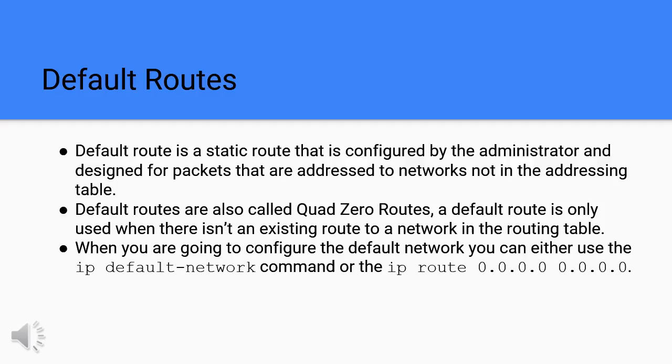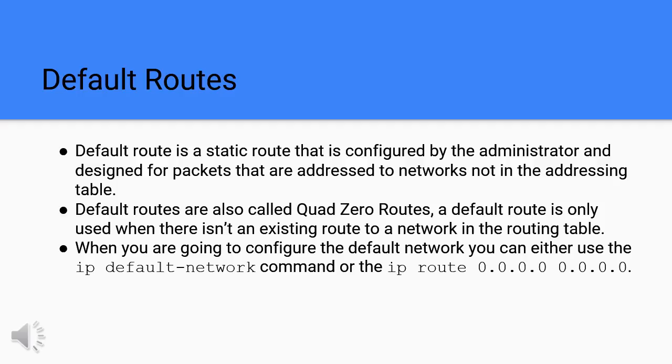If you are trying to look up an IP address that is not in any of your router's addressing tables, it automatically knows to pass that to the default route, and that goes off to the internet, or it's not within your network.